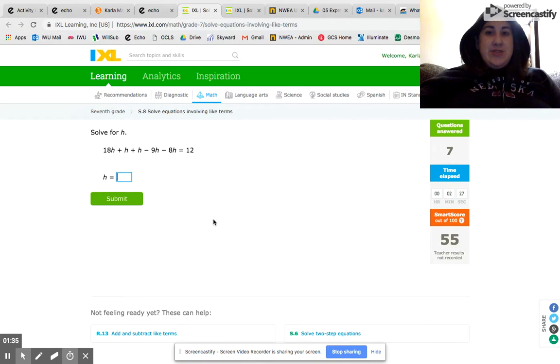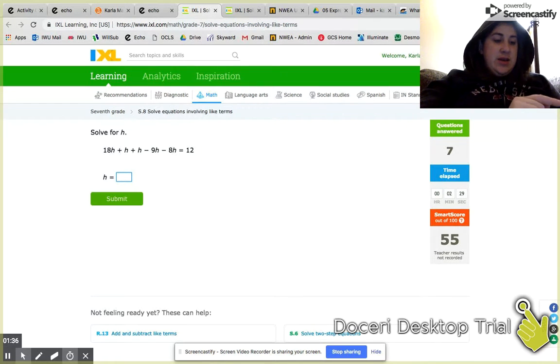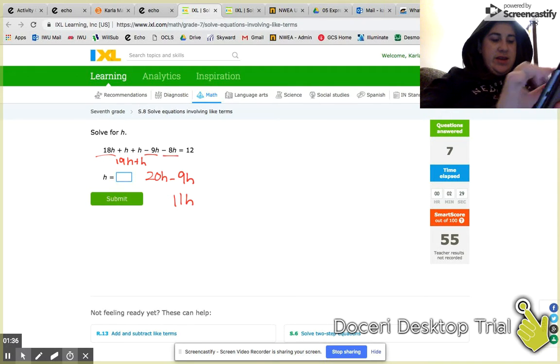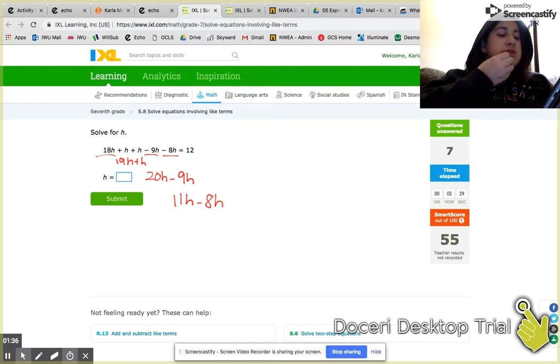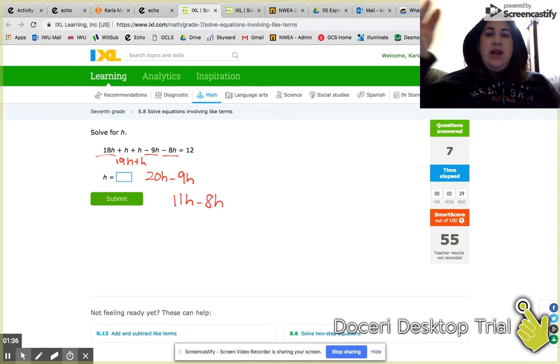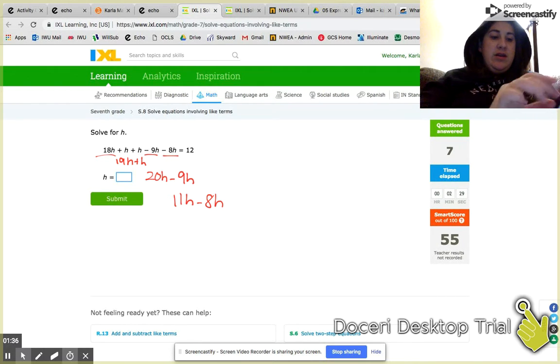All right, let's try this one. Here we have all of our h's. We have 18h plus h, that gives me 19h, plus h, that would give me 20h, and then I have minus 9h, which would give me 11h, and then I have negative 8h, which would give me 3h is equal to 12.